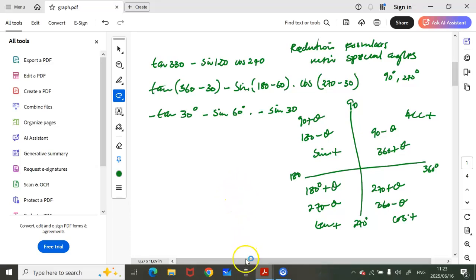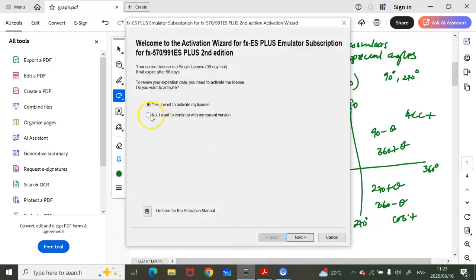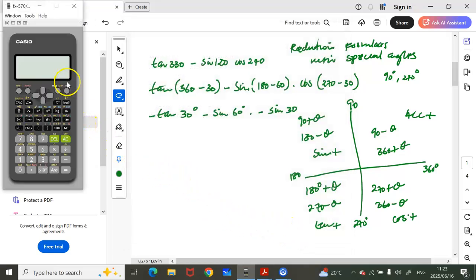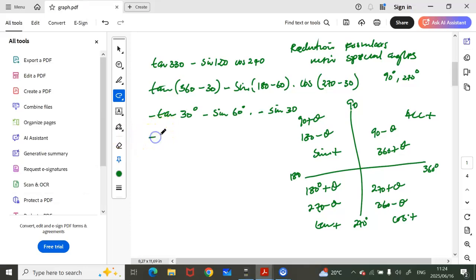Where is our calculator here? Let's open our calculator and see what is tan 30. Tan 30, it's minus the square root of 3 over 3.